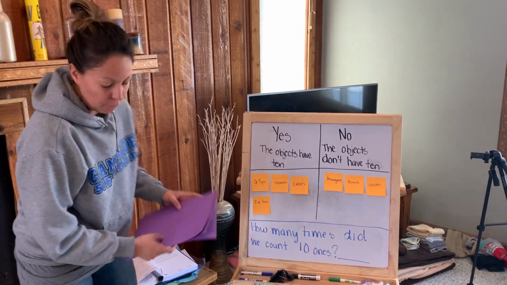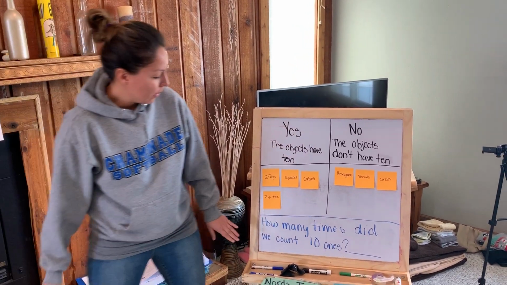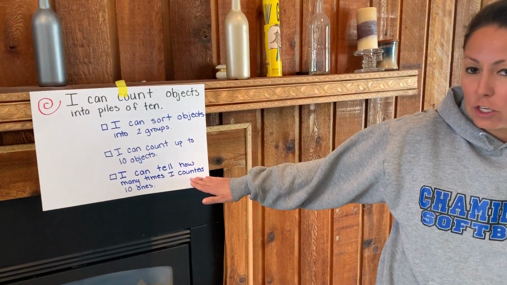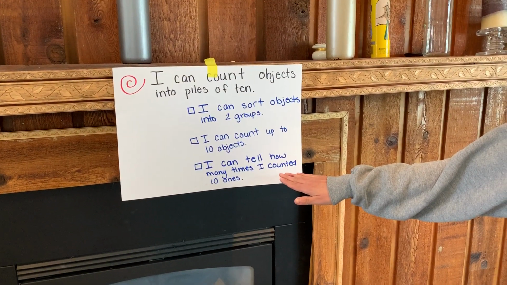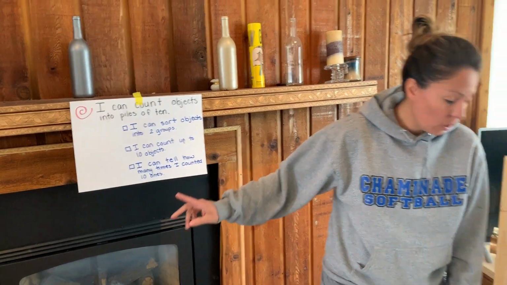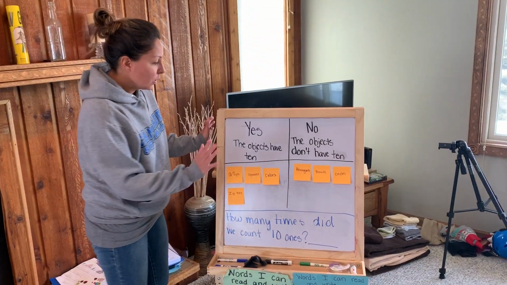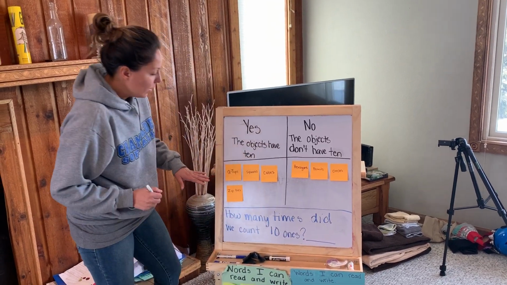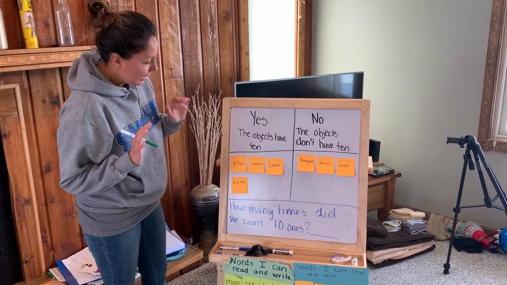So if we look at this, my friends, this is the next part of our target, and it says that you're going to be able to tell how many times you counted 10 ones. So again, this is our new skill. What that means, boys and girls, is we're going to look at our little graph right here, our chart, and we are going to count how many of our objects had exactly 10.